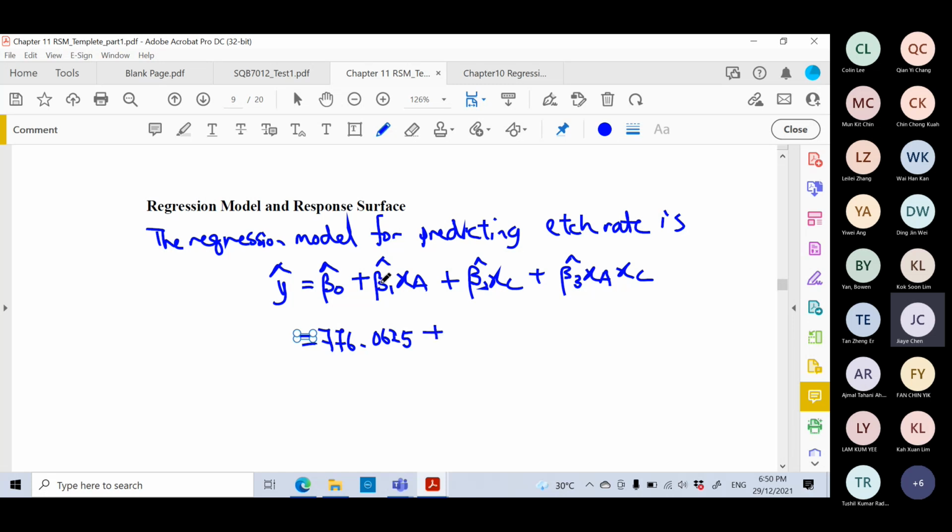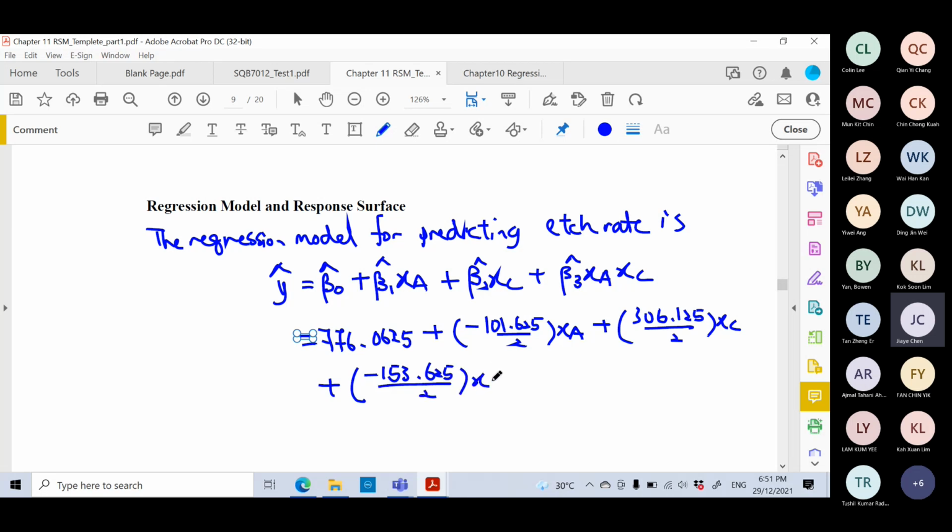Plus the effect of beta 1, which is negative 101.625 over 2, for XA, plus 306.125 over 2 XC, plus the third one, which is negative 153 XA XC. So this one is your equation.